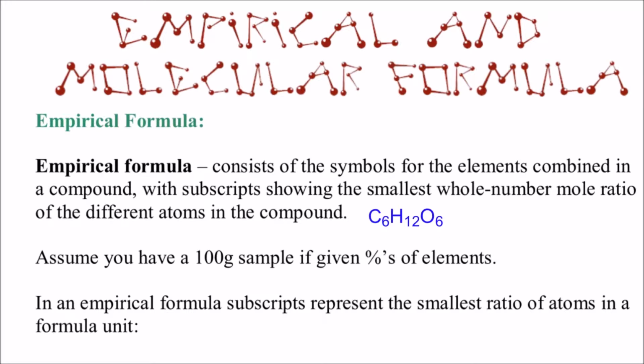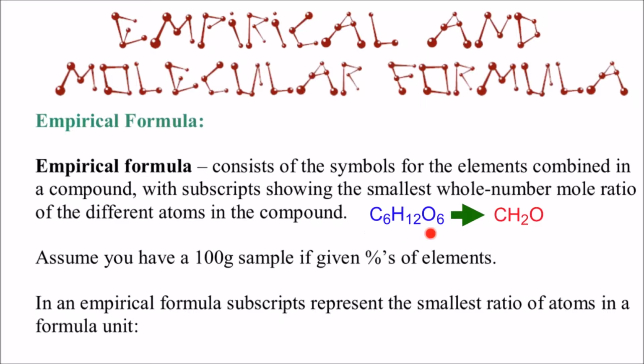These are all divisible by 2, but they're also all divisible by 6. I could take a 6 out of each one of those, and that would give me the smallest whole number ratio. If I did that, then I would end up with CH2O. So I've divided everything by 6, and that gives me the smallest whole number ratio.